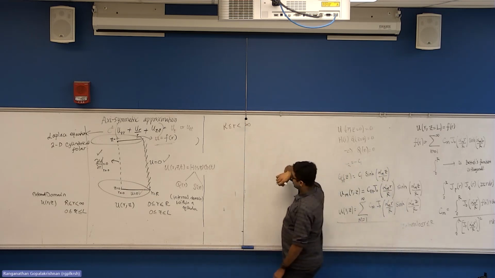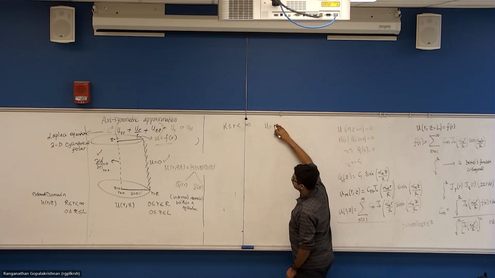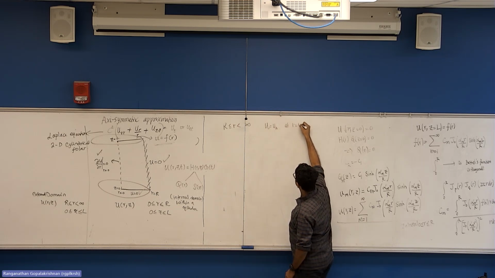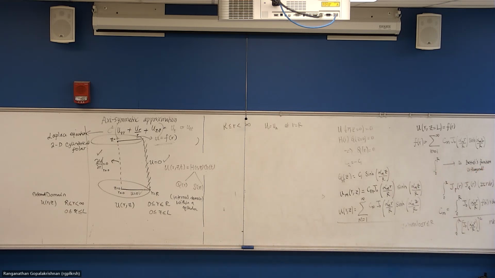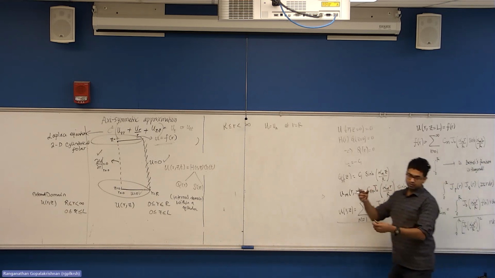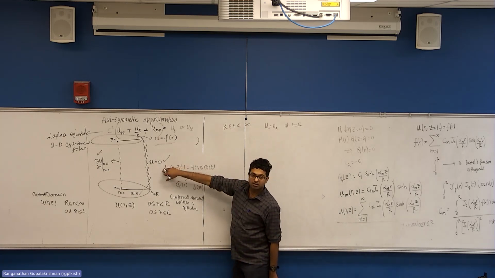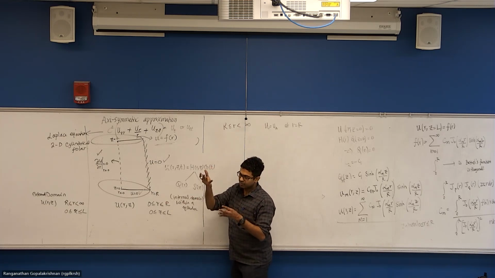And we would write U equal to some constant UA at R equal to R. So it's like a cylinder with a fixed temperature that is conducting heat in the radial and axial directions.